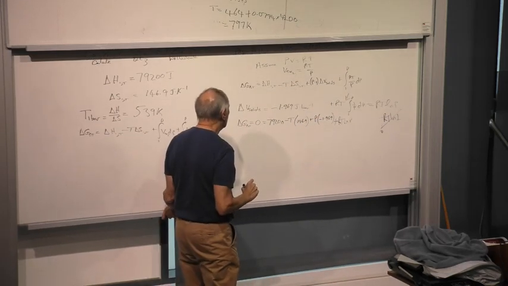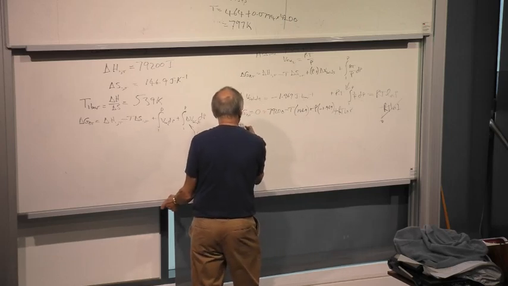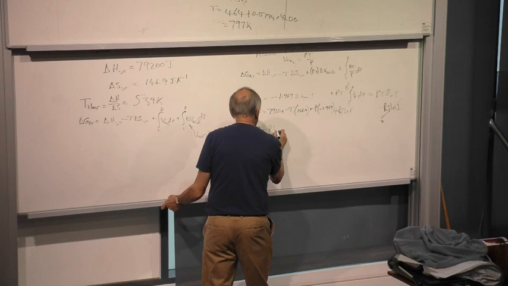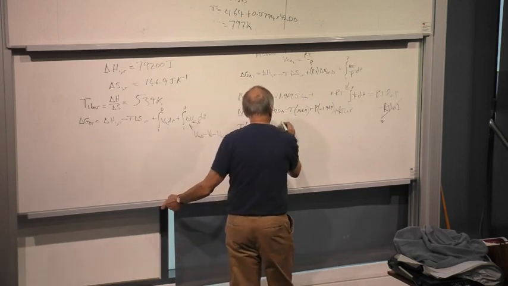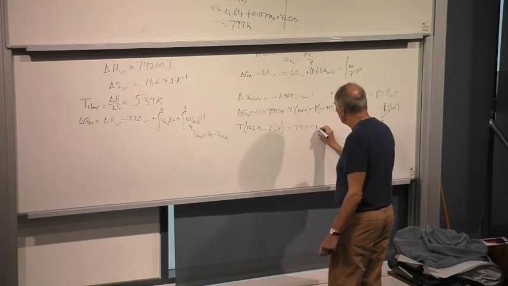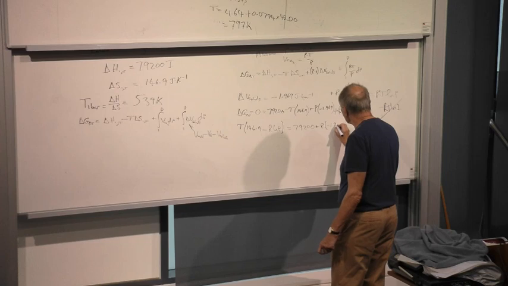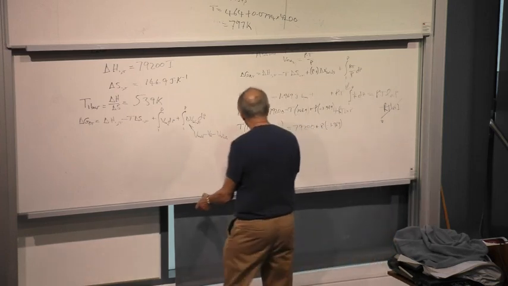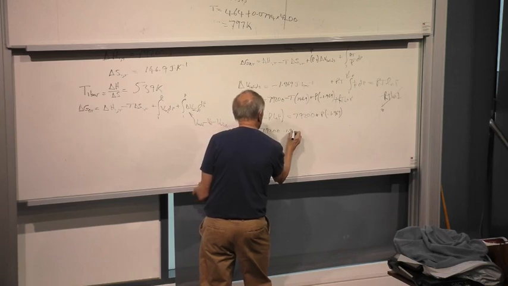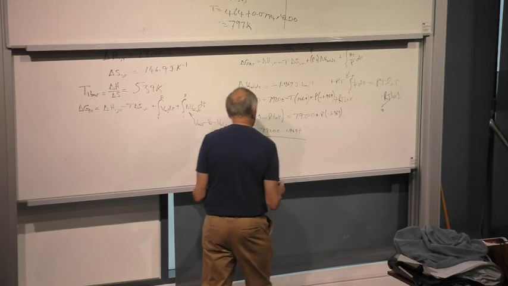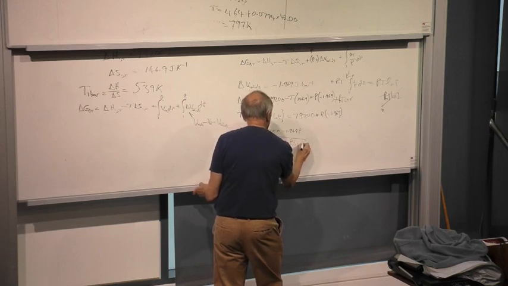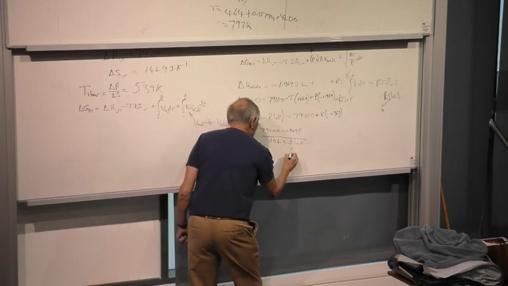So rearrange that, bring the T terms on this side, so T into 146.9 minus R ln P equals 79,200 plus P into minus 1.969, or T equals 79,200 minus 1.969 P over 146.9 minus R ln P, where R, if you remember, is 8.314.